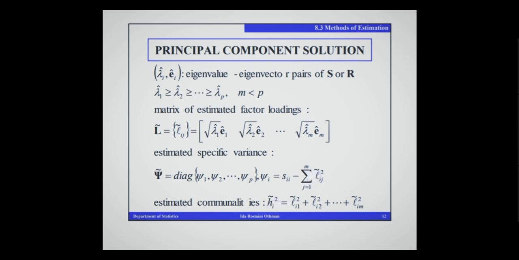Macam I cakap tadi lah kan, the commonalities. So nak cari specific variance, formulanya adalah variance of variables minus dengan commonalities of the variable i.